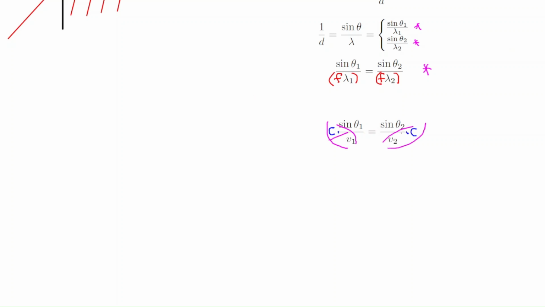And we know that c divided by v is the index of refraction. So that gets us to our final step, and we'll be about finished. There we go: n1 sine theta 1 equals n2 sine theta 2, and that's what we are looking for.